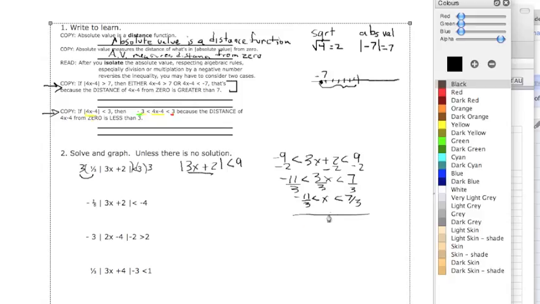And it would look just like this on the number line. 7/3 is right there. Minus 11/3 is there. And we are shading everything between them. It's an open dot. And that's 0. And we could even label these 7/3 and minus 11/3.